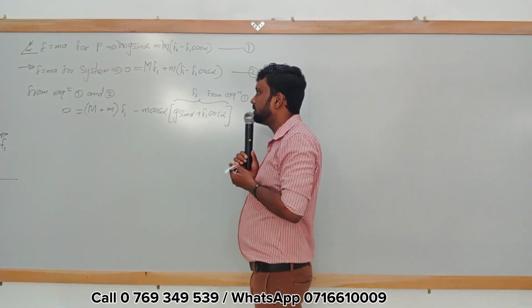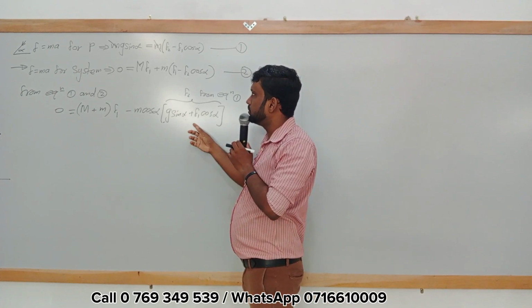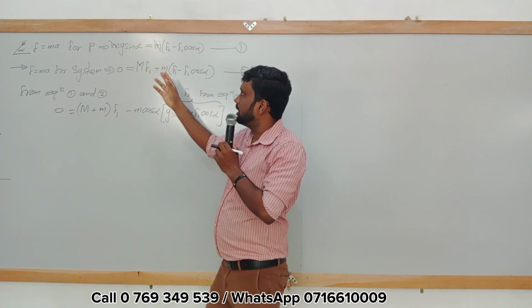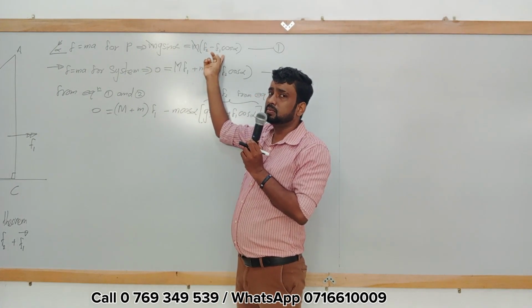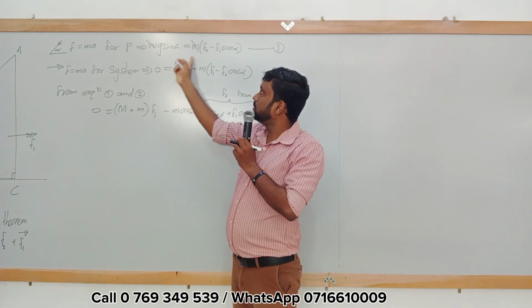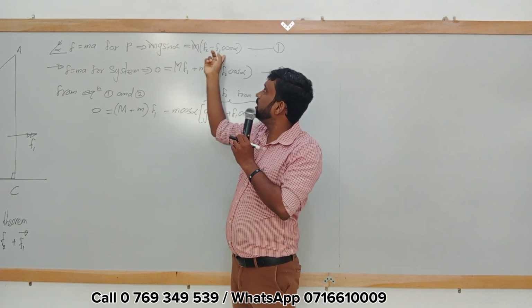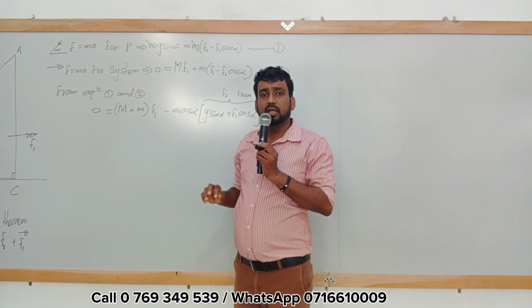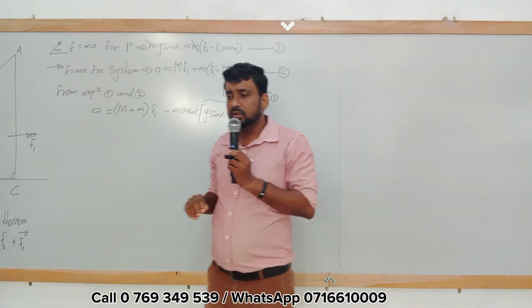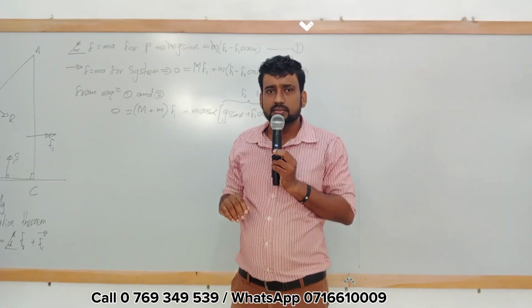Equation 1: F2 is g sin alpha plus F1 cos alpha. This one goes to the other side, F1 cos alpha, right?